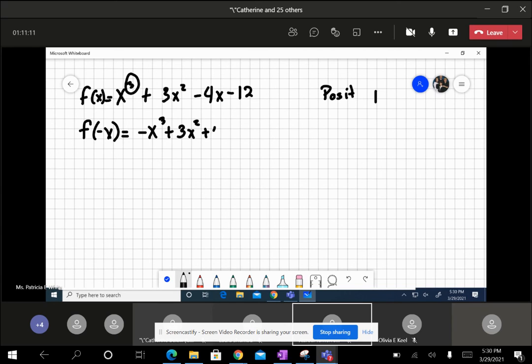My third term would change. And then my 12 doesn't, so it's not going to, right? So, changes: 1, same, 2. So for negative solutions, I have 2 or none, right?